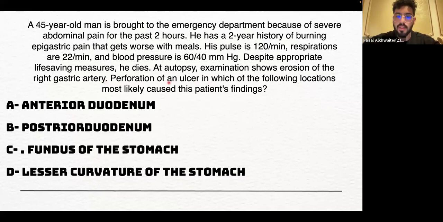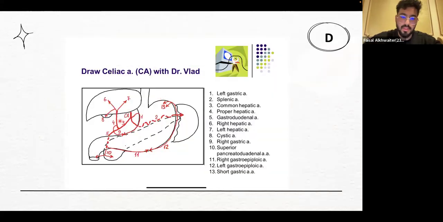Then it says perforation of an ulcer in which of the following locations. Our second mission now, after we know that the right gastric artery area is where the problem is, is to know where the right gastric artery is. So you guys should memorize where every artery is.